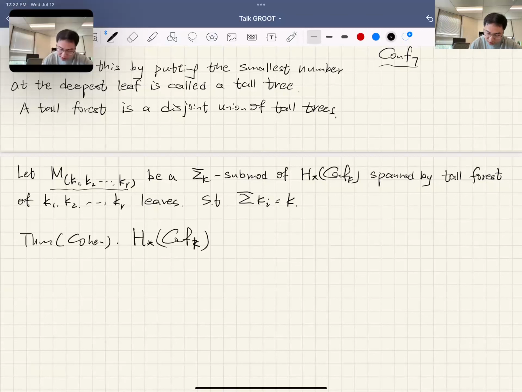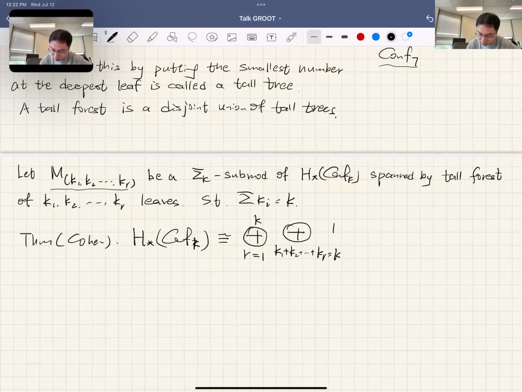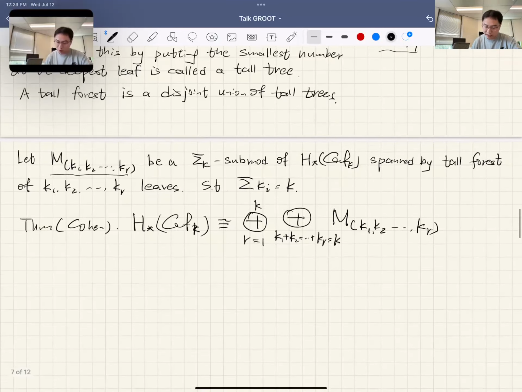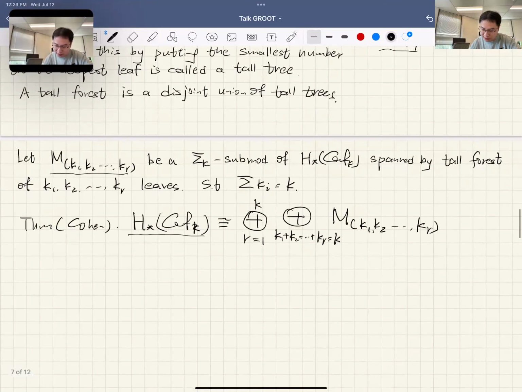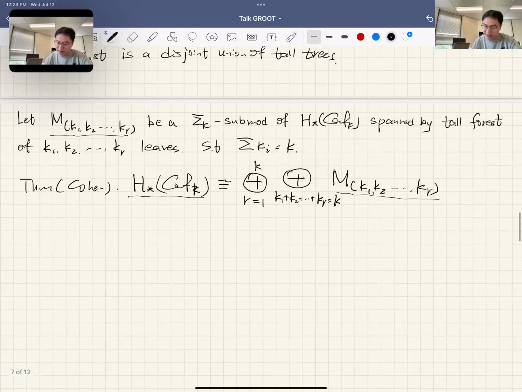So this H star of Conf k is isomorphic to the direct sum, from 1 block to k blocks, of the direct sum over k1 plus k2 plus all the way to kr equal to k, of M sub k1, k2, all the way to kr. So we can approach the H star of Conf k using this module M sub k.